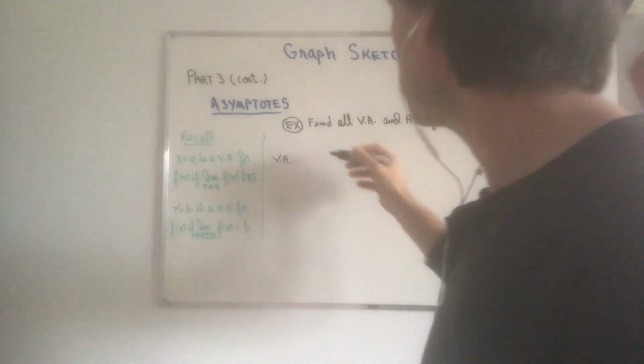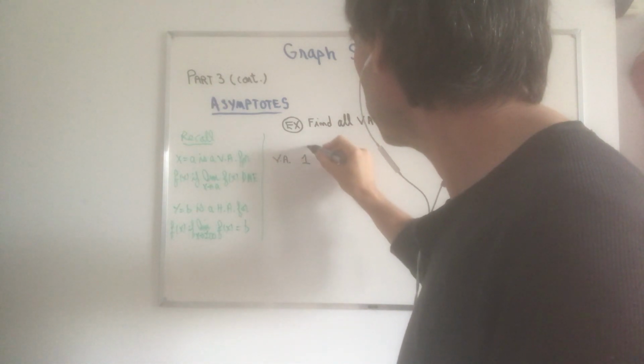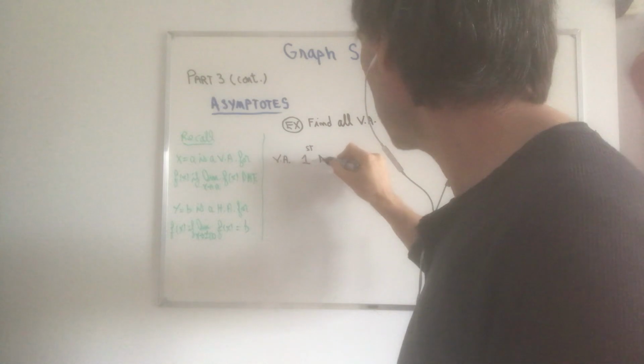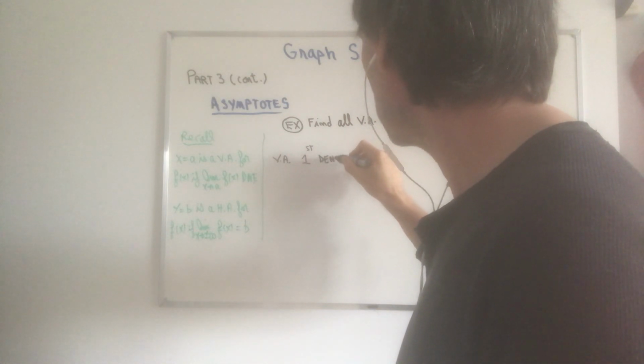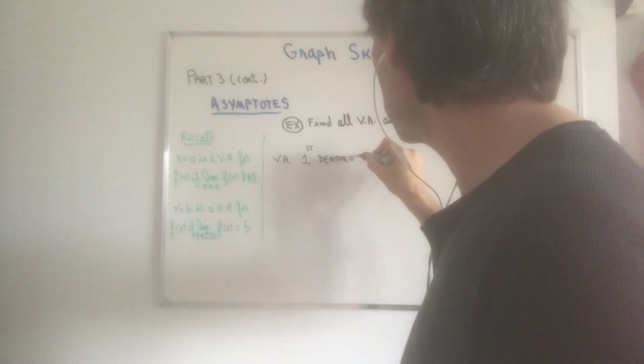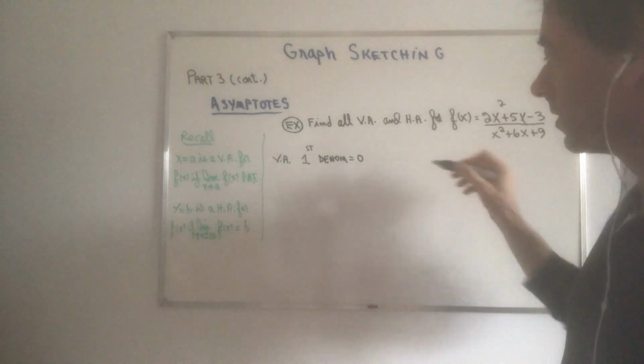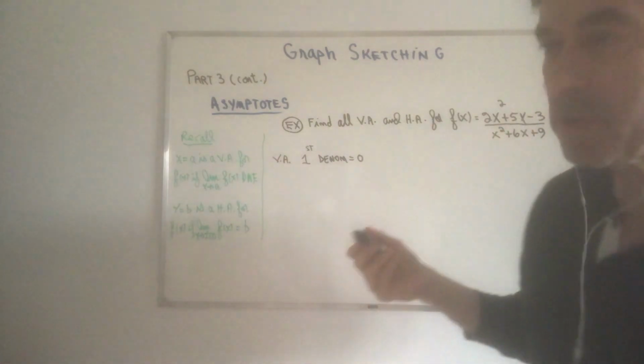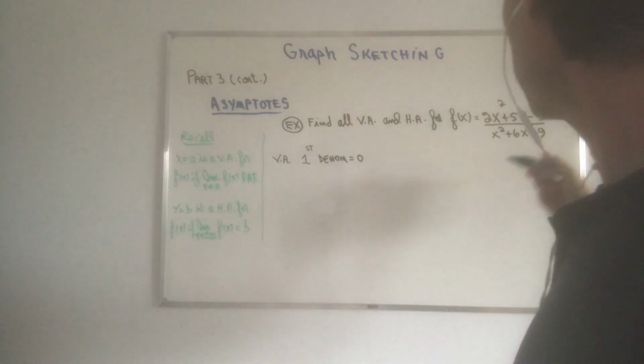Okay, so vertical asymptotes. Remember, first you need to know where the denominator is equal to 0, because that's going to give you the candidates, the ones that are susceptible to be vertical asymptotes.